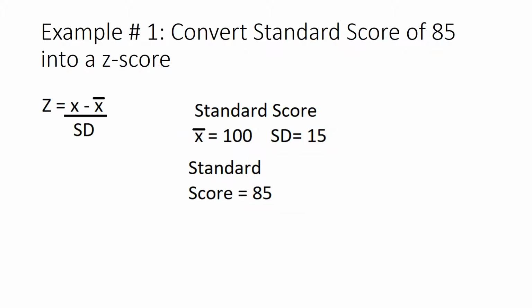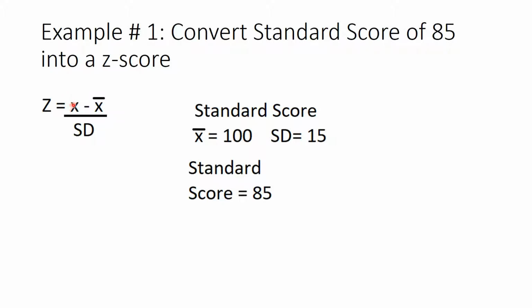Okay, let's try out an example. So example number 1 says, convert standard score of 85 into a z-score. Now, I provided all the information you need to solve this problem right here. Okay, so what we need to do is for this x right here, we've got to plug in the score that we want to convert into a z-score.